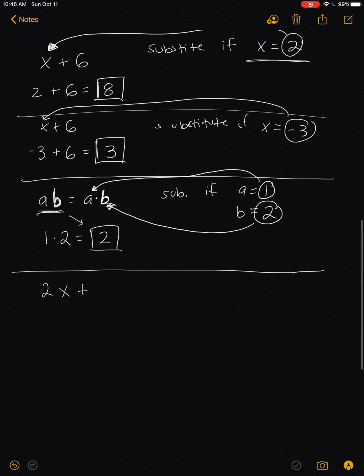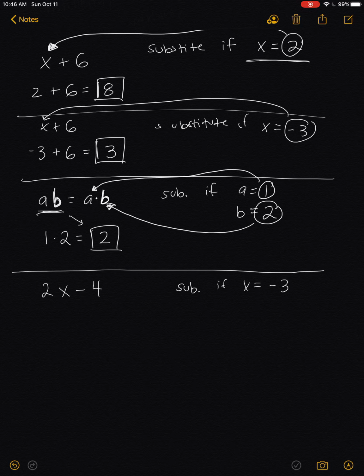We'll do X. Okay, so maybe we have something like this. Just one variable. Right, substitute if X equals, let's just pick -3.